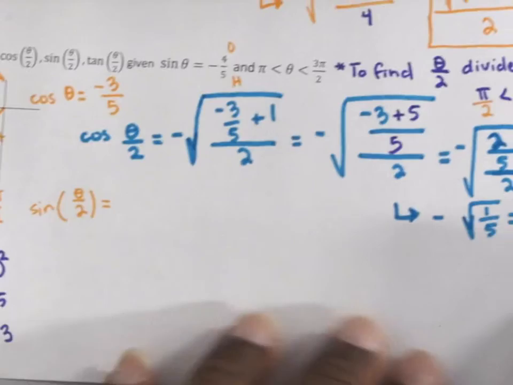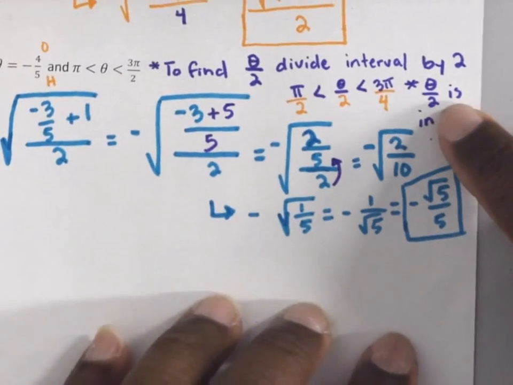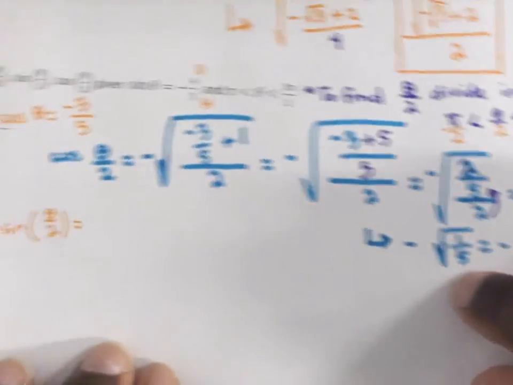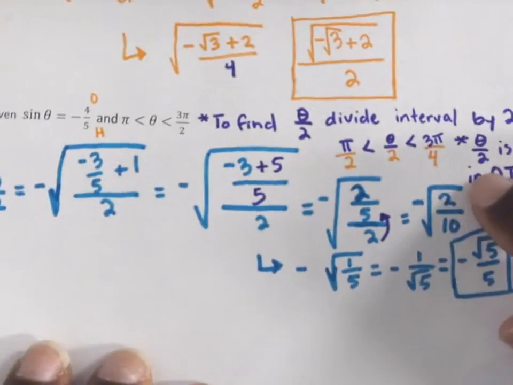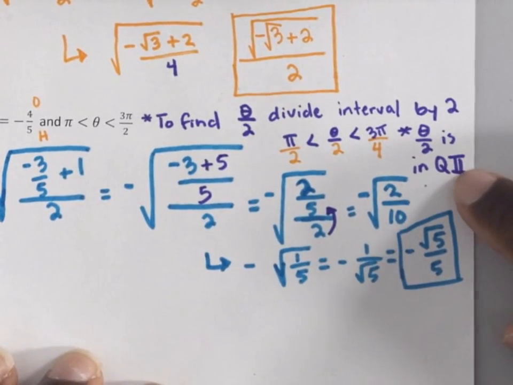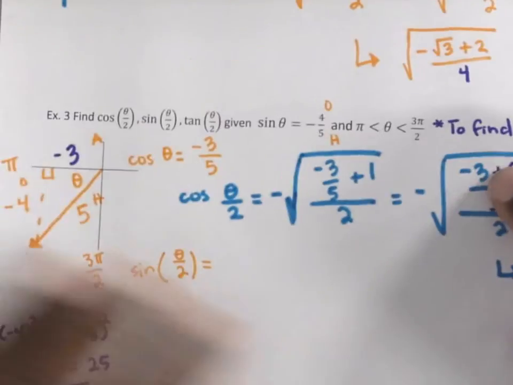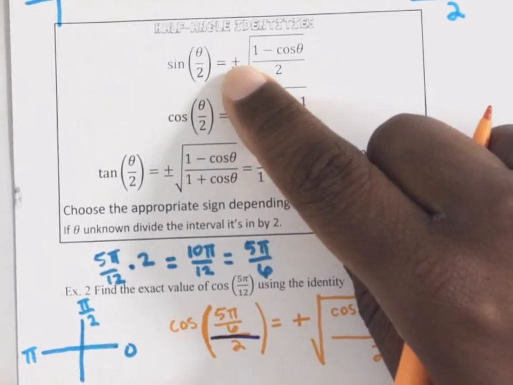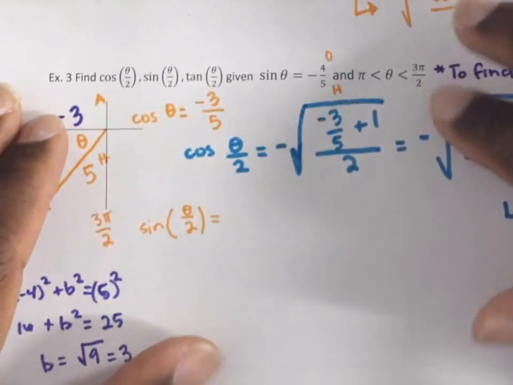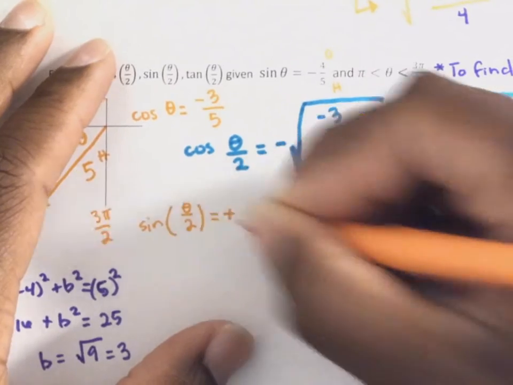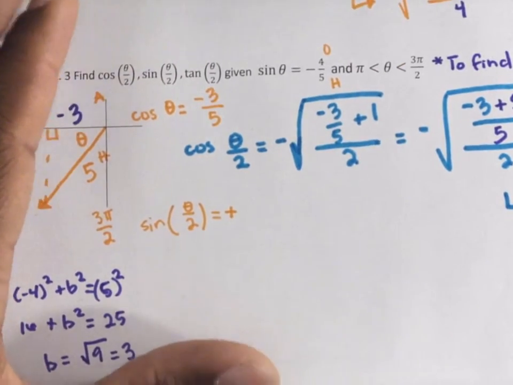All right, so for sine, in the second quadrant, is sine positive or negative? In quadrant 2, it's positive, so I'm going to choose the positive option. Yeah, positive's right. Negative's wrong.